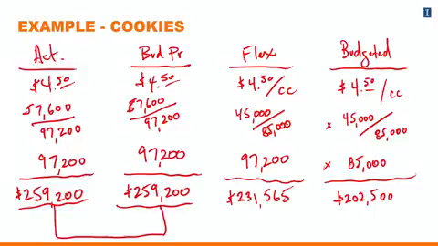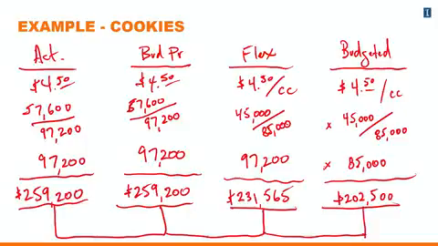So now we can calculate the individual variances on the revenue side of this business. The difference between the first and the second column is the selling price variance. That actually is $0. The reason, again, is we didn't have a fluctuation in the selling price for chocolate chip cookies. So therefore, there is no variance on that level.